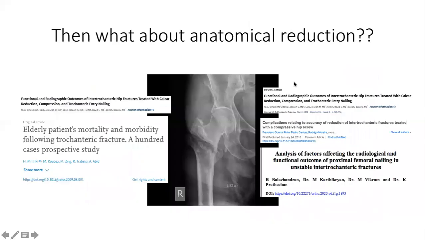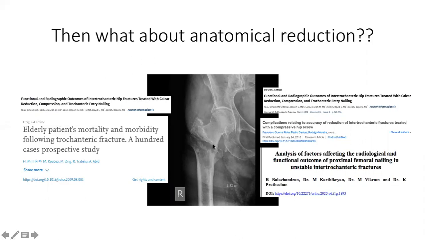Now, I know this is contrary to our knowledge. We have always known that anatomical reduction is the best choice, but the data is overwhelming that achieving a positive reduction is actually better. Why is that? If we carefully look at this fracture site, when we are doing an anatomical reduction, we are relying on this anteromedial cortex, which is relatively much thinner in osteoporotic bone.